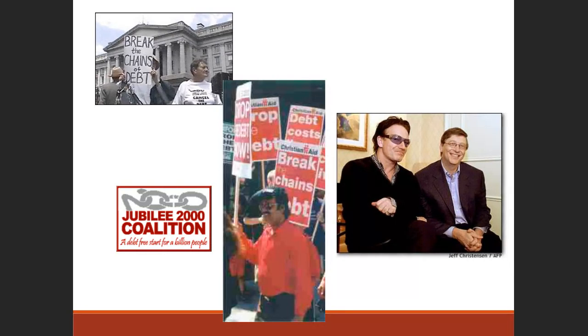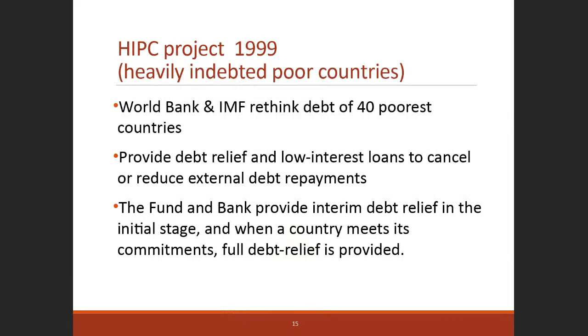So it kind of became a celebrity cause of the year. And there were some protests at World Bank meetings about needing to reform debt and how to especially address debt in the lowest income countries.